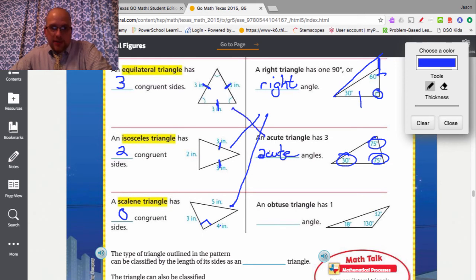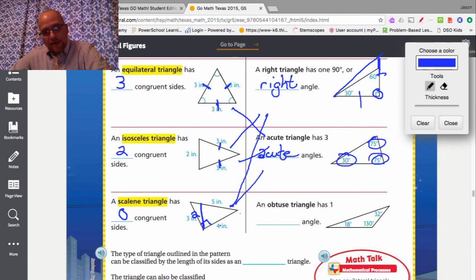It could be an isosceles triangle, or potentially it could even be a scalene triangle. If, say, this side were 2 inches, then that would make it an acute scalene. So acute triangles can be either equilateral, isosceles, or scalene.